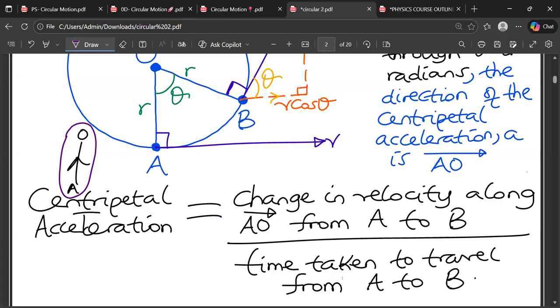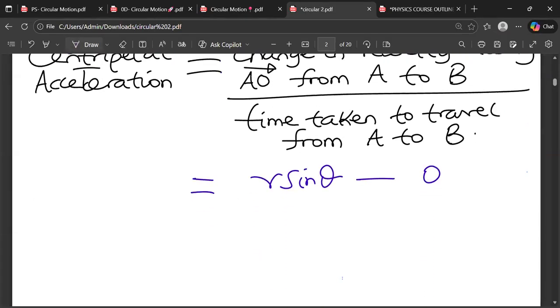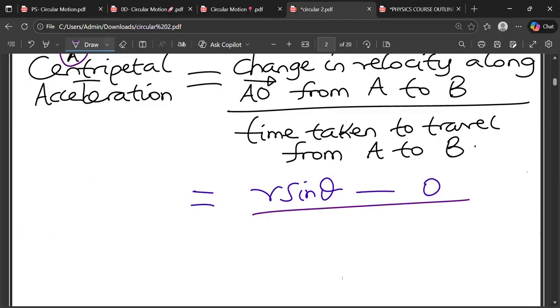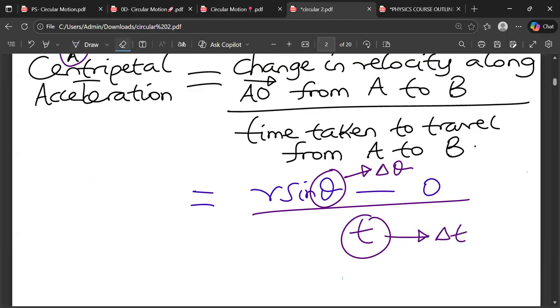So v sine theta minus 0 out of the time t. Have it in mind that when you decide to use delta theta, you're supposed to also use delta t. But it is the same thing. That is your choice as a physics student. But since we used theta and t in the previous lesson, I'm also going to use that.